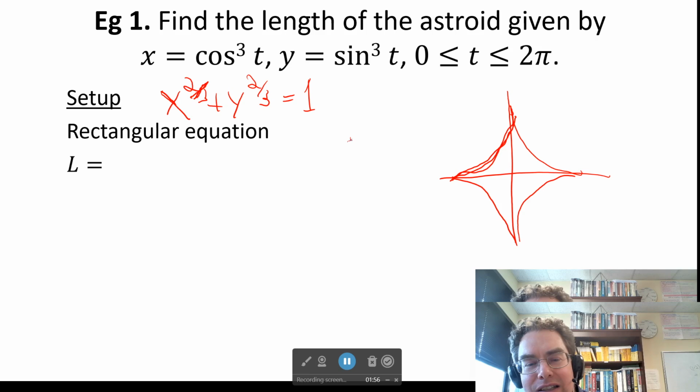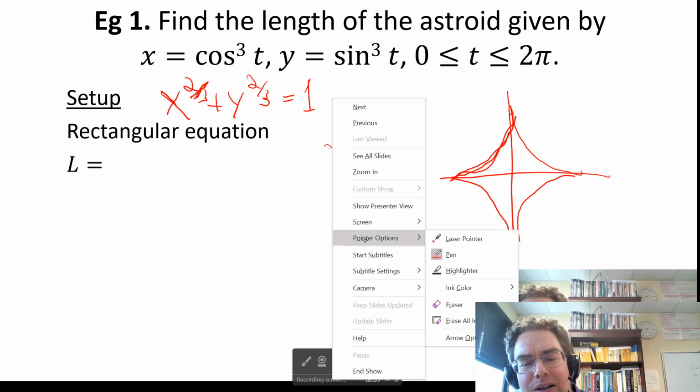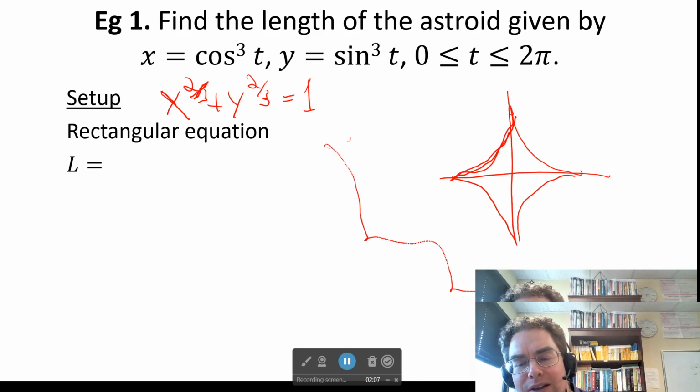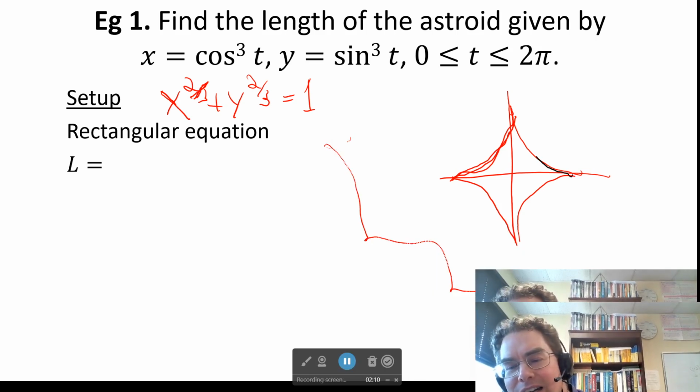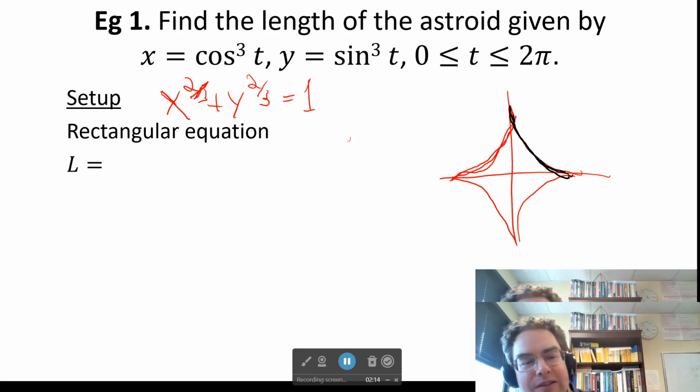So we can concentrate on just this portion of it right here and find the length of that.